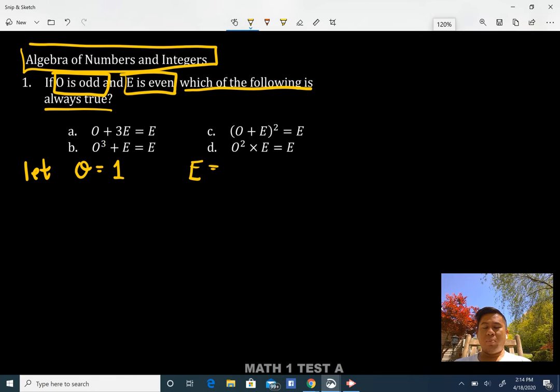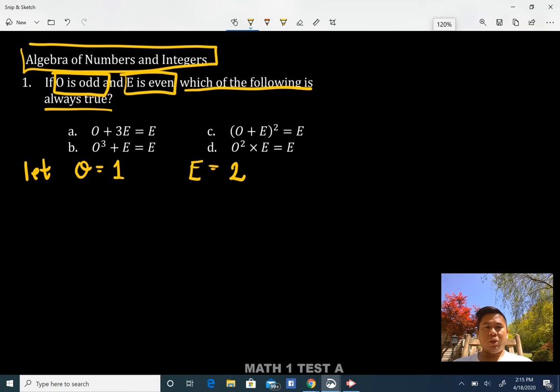I just chose 1 because it's the easiest number for an odd number. For an even number, I would choose 2, but we can choose 4, 6, 8, 10, 12, 14, 16, or any number that is a multiple of 2.